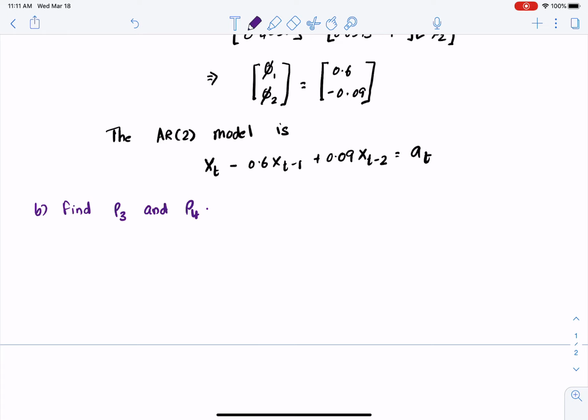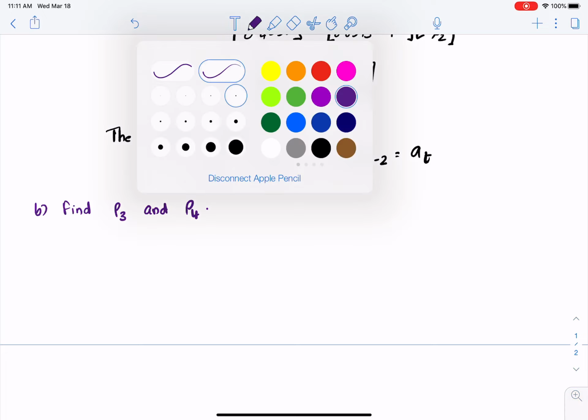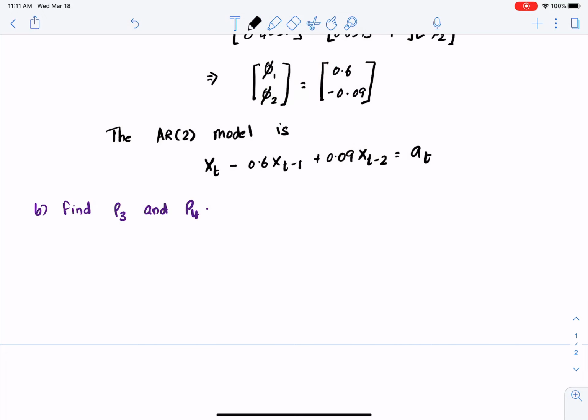We have to find a general expression for rho k. If you recall, we made use of the characteristic polynomial to find rho k. So let's find the characteristic polynomial. We could rewrite the model as xt minus 0.6 B times xt plus 0.09 B squared times xt equals wt.